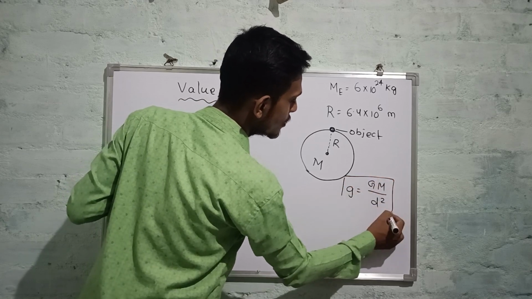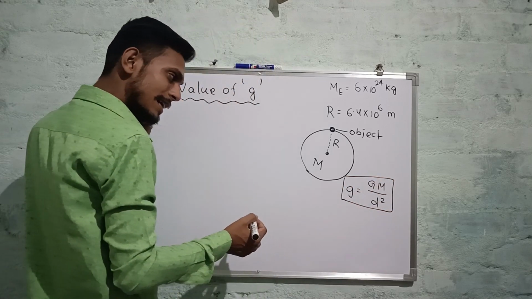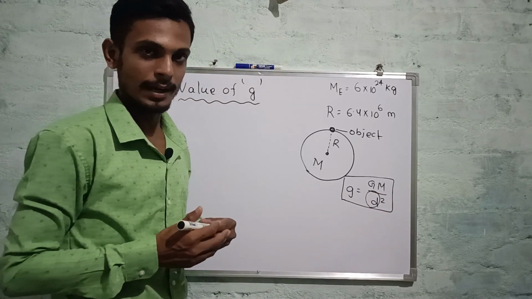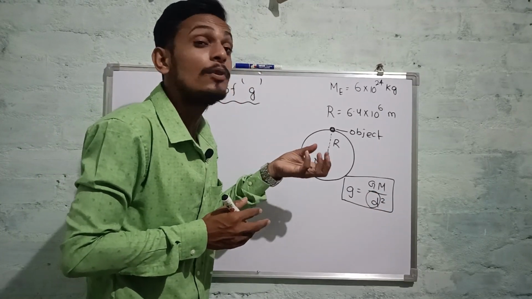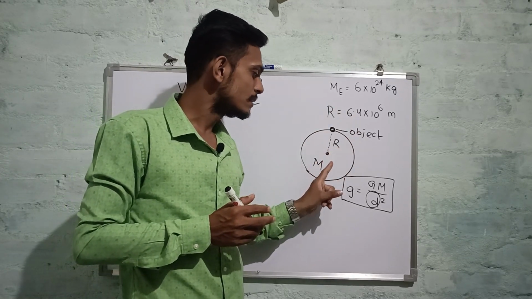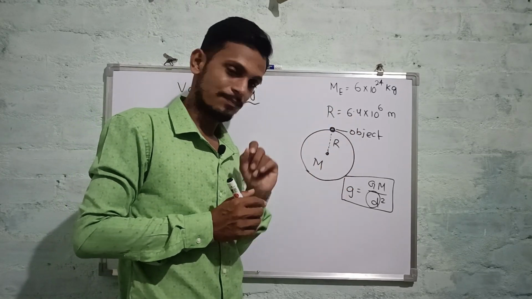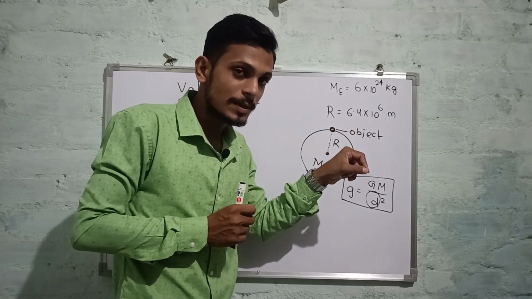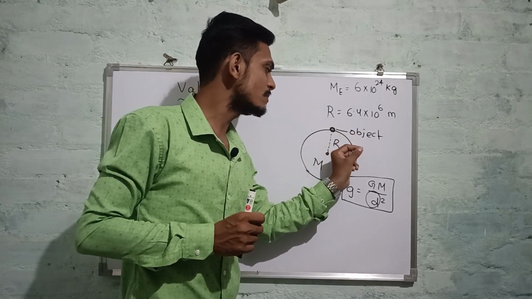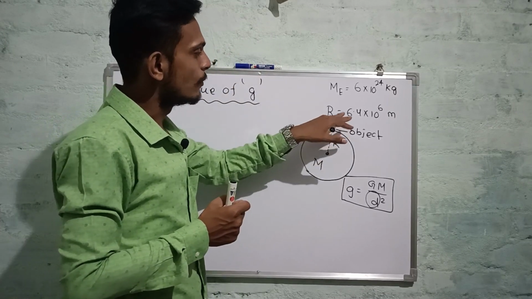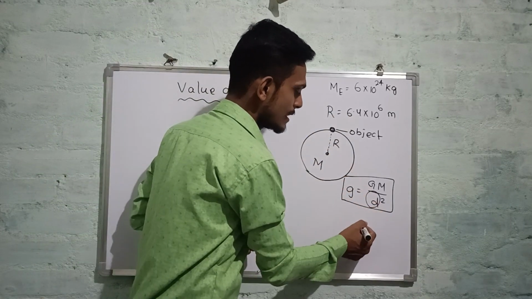Here d is any distance, but to find the value of g, we have to assume the object must be on the surface of earth, so that we can take the distance as r.